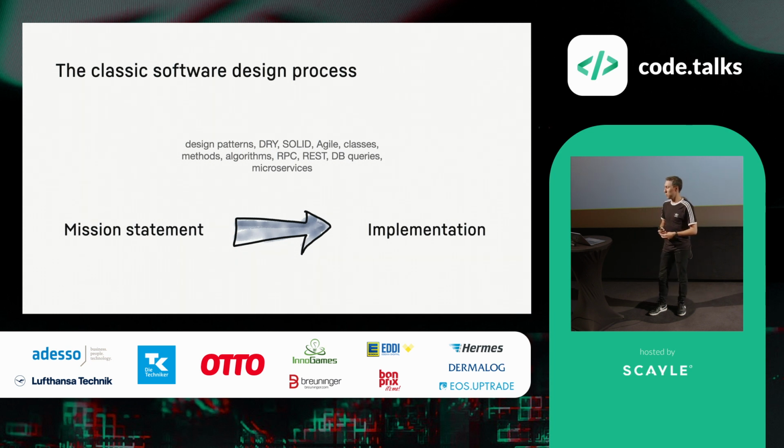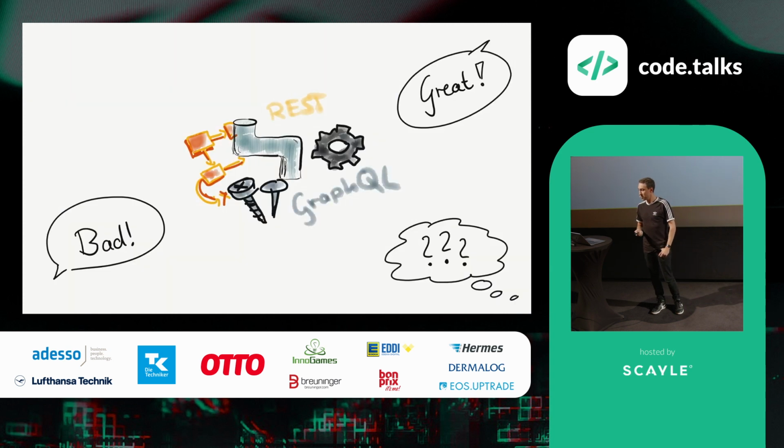So that's working software on the right here, working software that's actually running on a computer. And the tools that you use are going to be stuff like design patterns, DRY, SOLID, whatever, agile, of course. Everyone wants to be agile. Classes, methods, algorithms, RPC, and microservices, all the rage. Blockchain, possibly, of course. And in the end, you end up with something like this.